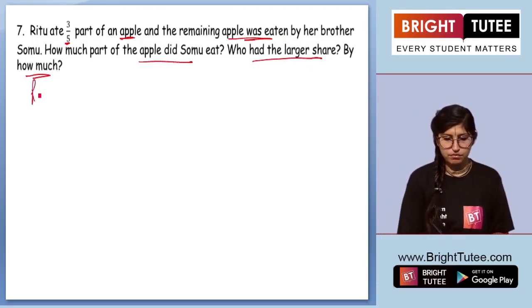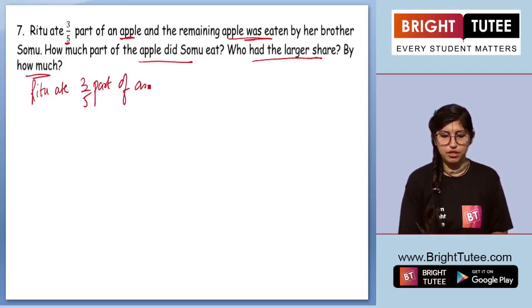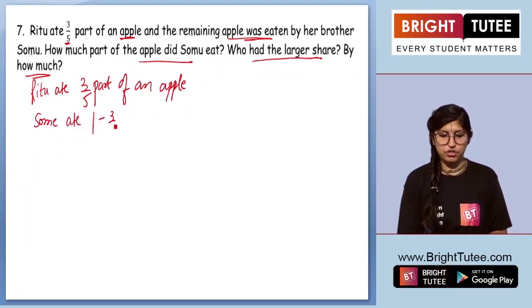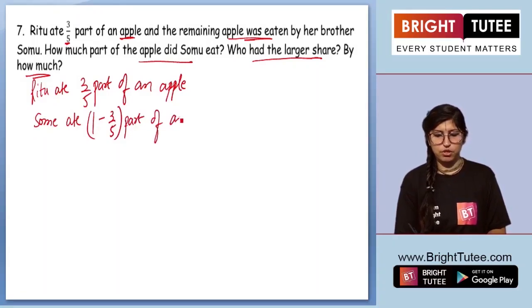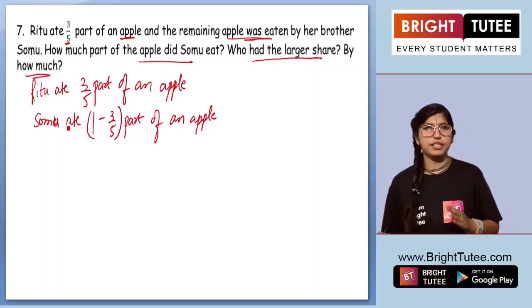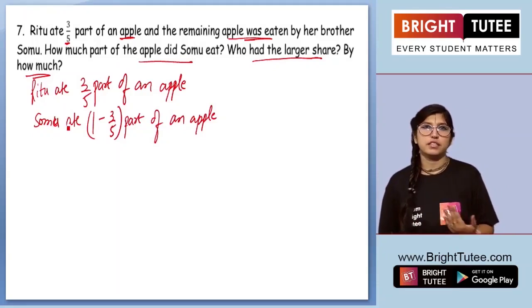So Ritu ate 3 by 5 part of an apple. Since Somu ate the remaining part, we'll write it 1 minus 3 by 5 part of an apple, because in one apple Somu ate 1, take away 3 by 5, because 3 by 5 part her sister has already eaten.